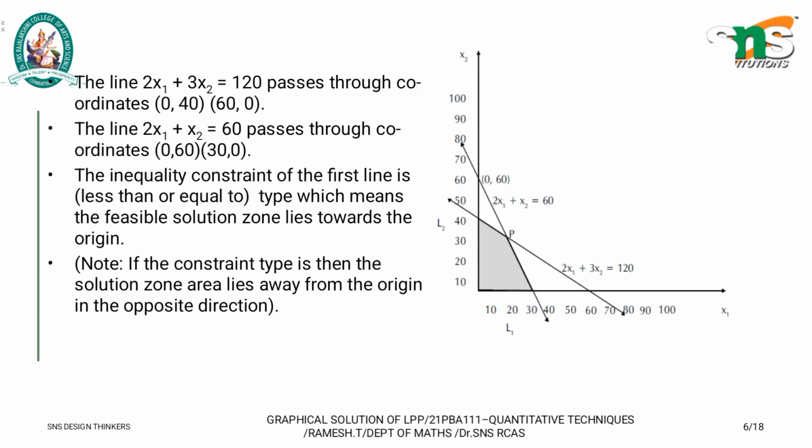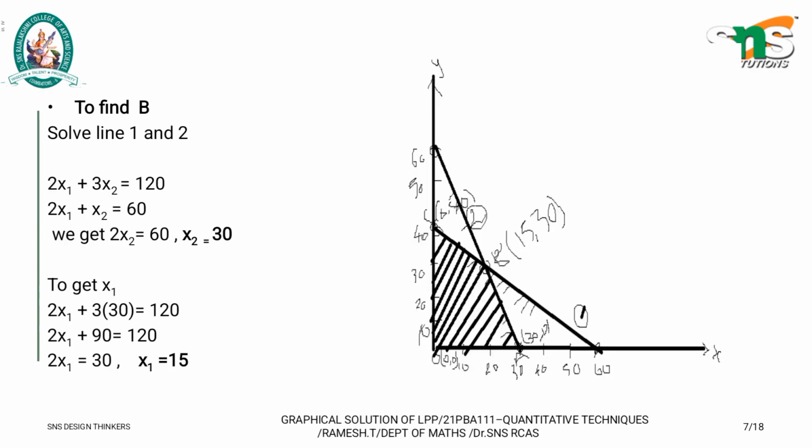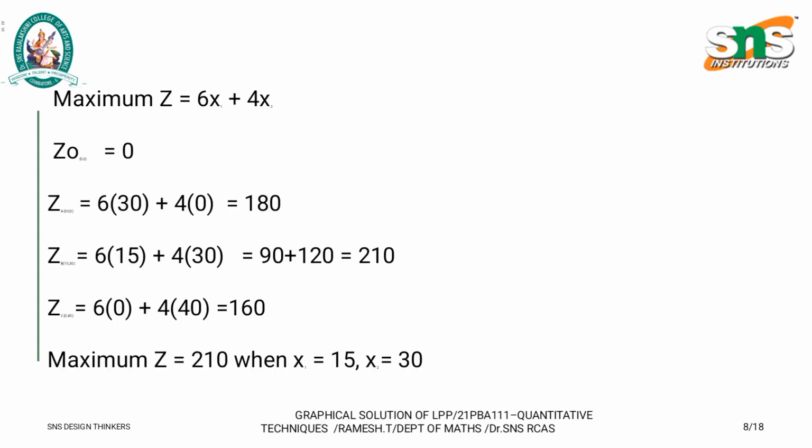This point B is the intersection of lines 1 and 2. Therefore, we solve lines 1 and 2 and get x1 and x2 as 15 and 30. We substitute all the points into the objective function 6x1 plus 4x2.